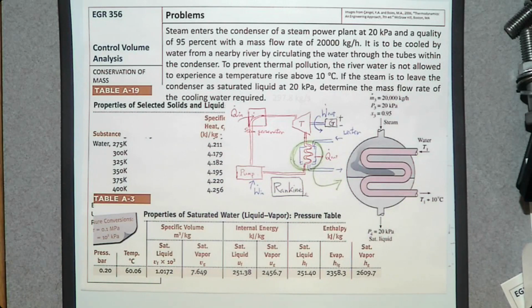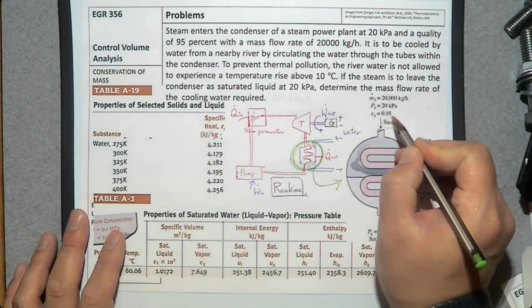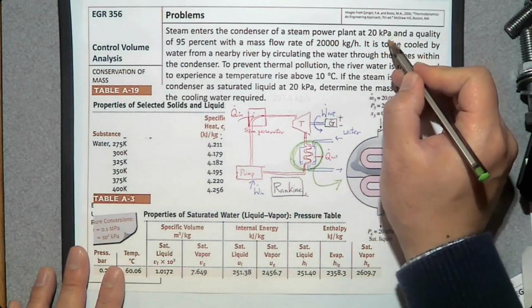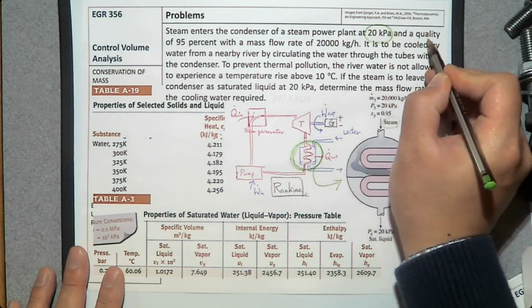So let's study how we can analyze this condenser. We have information about the inlet of the steam. We know the pressure and the quality.